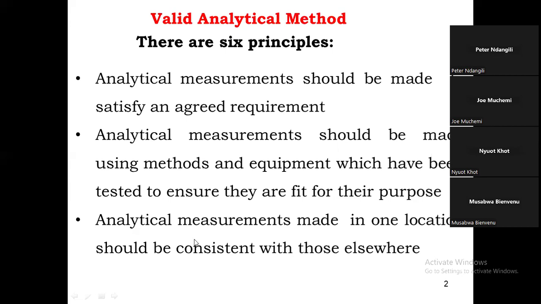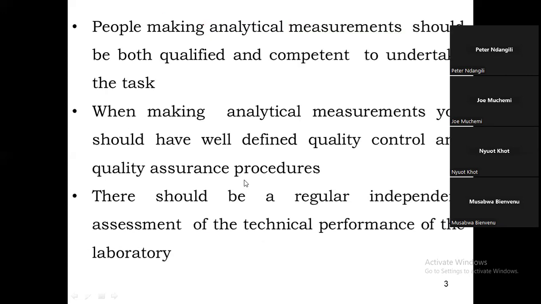And number 3, analytical measurements that are made in one location should be consistent with those that are done elsewhere. Number 4, people making analytical measurements should be both qualified and competent to undertake the analytical tasks.